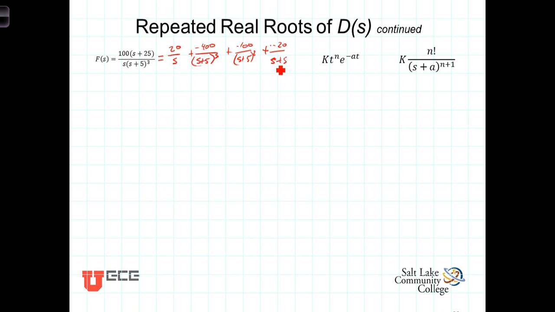And now we need to simply transform each of these back into the time domain using our Laplace transform tables.